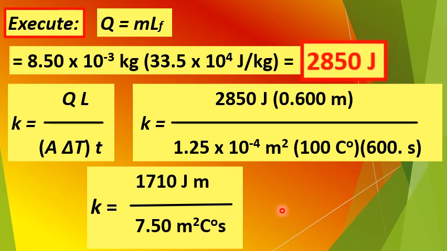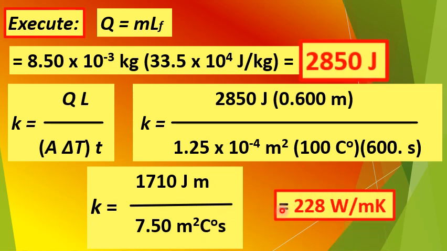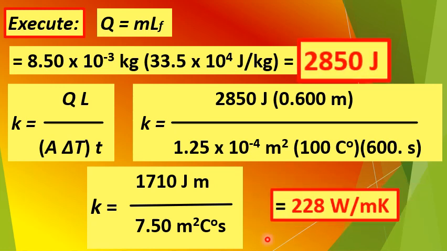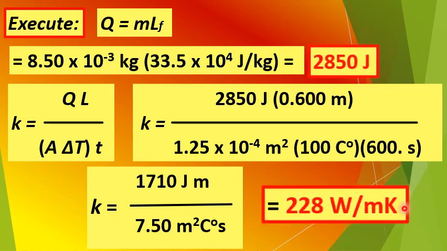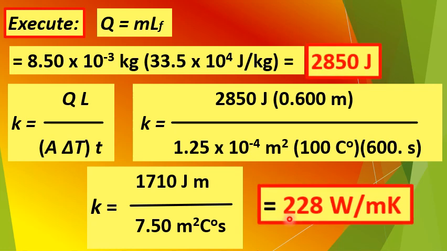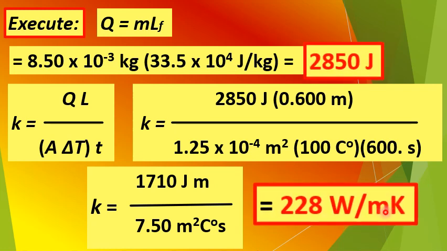So with further simplification, we finally arrive at the value of the thermal conductivity constant K equal to 228 watts per meter Kelvin, which incidentally is also the same as 228 joules per second meter Celsius degree.